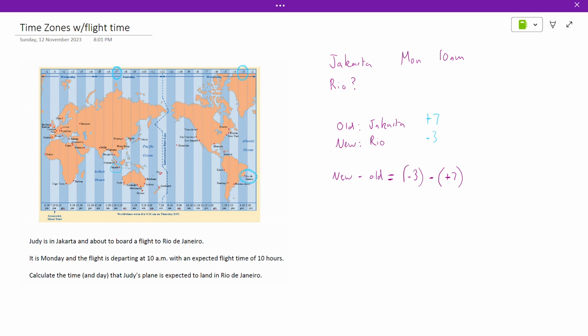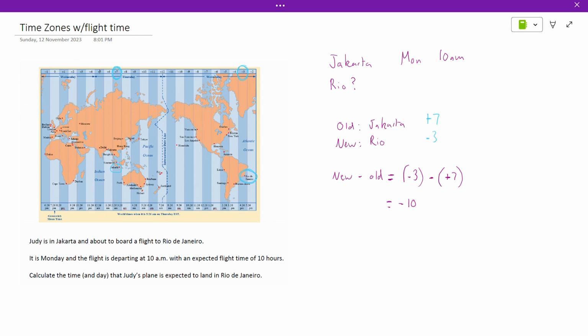That way you don't get confused with the minus sign that's in between. So if I've got -3 and I want to subtract +7, that's the same thing as -3 minus 7. Answer is -10. You've got to be careful with the positives and negatives. That's why I like to put the brackets there.